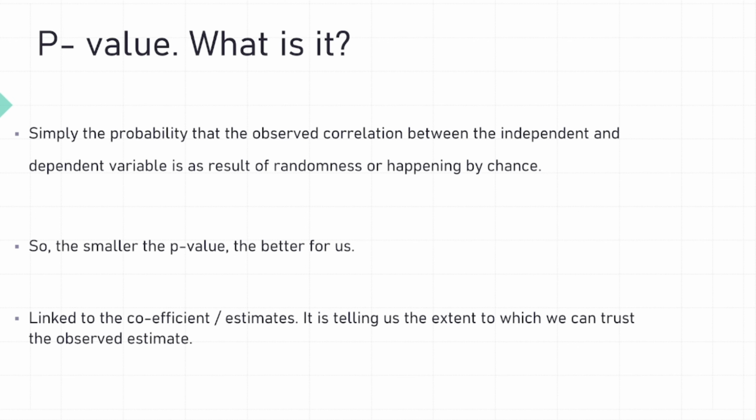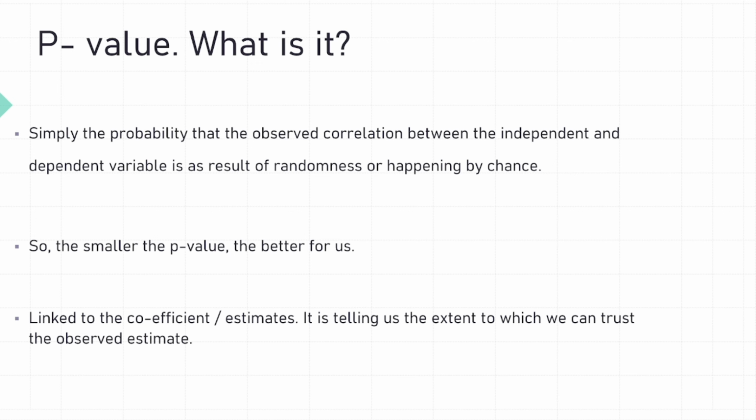It talks about the probability that the observed correlation between the independent and dependent variable is as a result of randomness or is happening by chance. So whatever is happening between GDP per capita and health expenditure, we want to find out what is the probability that this is happening by chance, right?